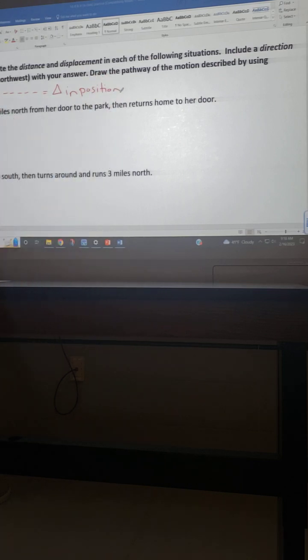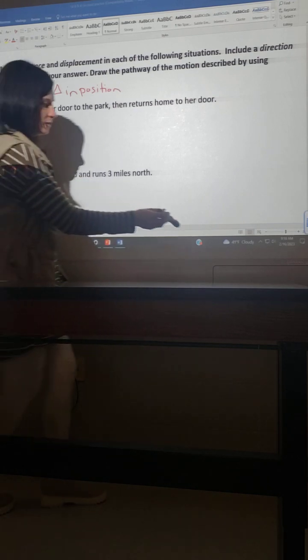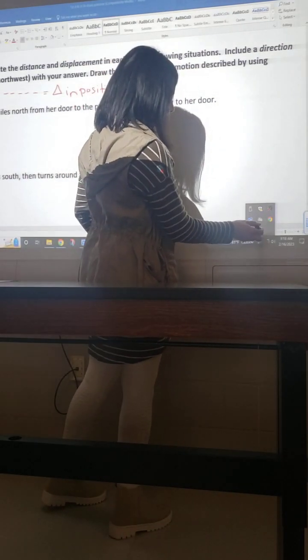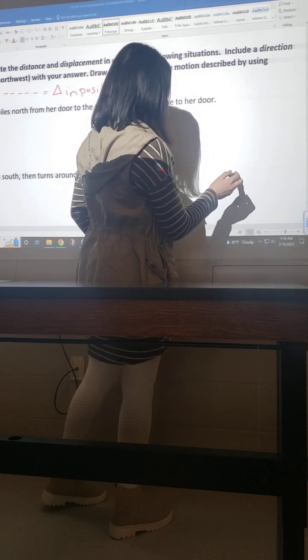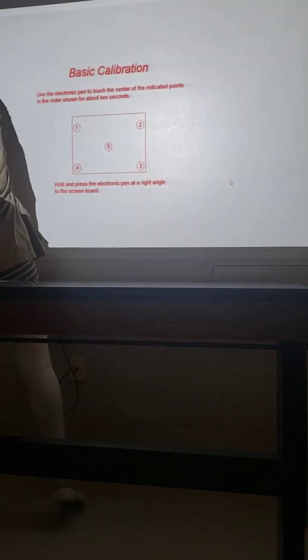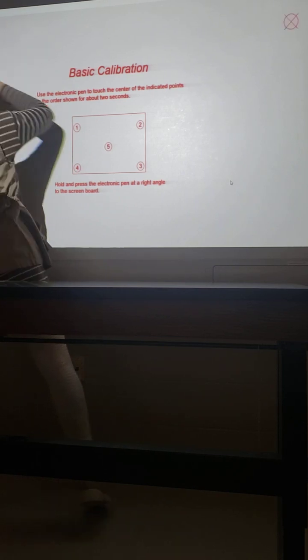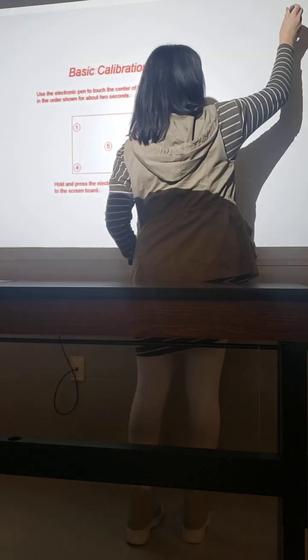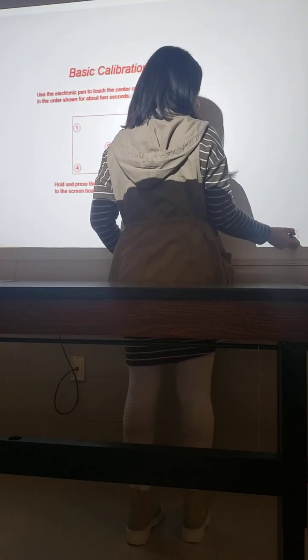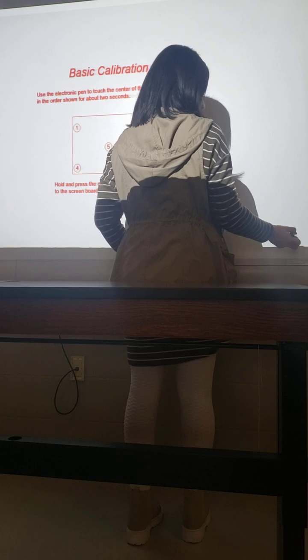So mark that. The little triangle means change, so those dashed lines put equals, change in position.